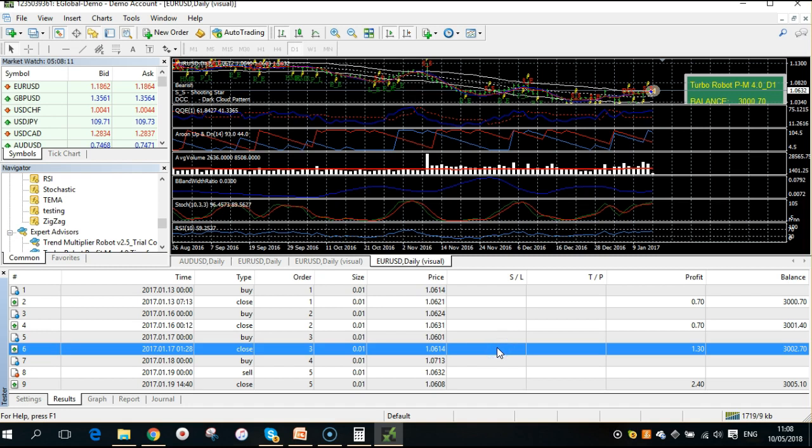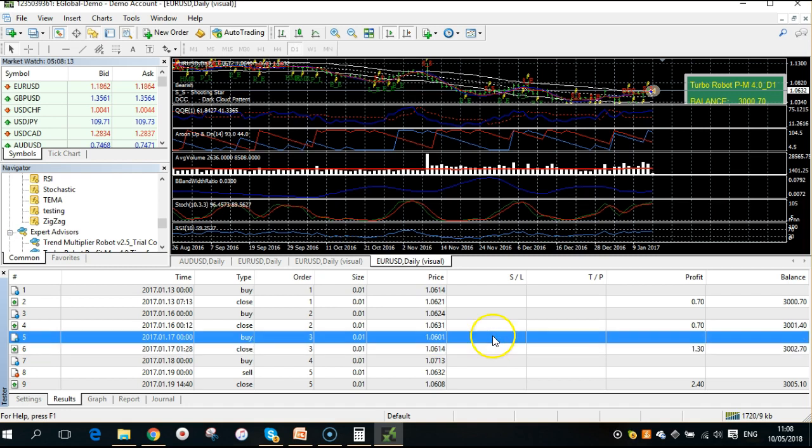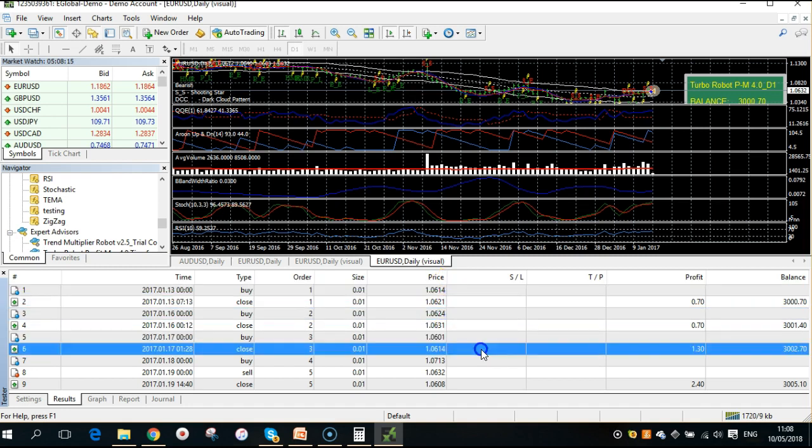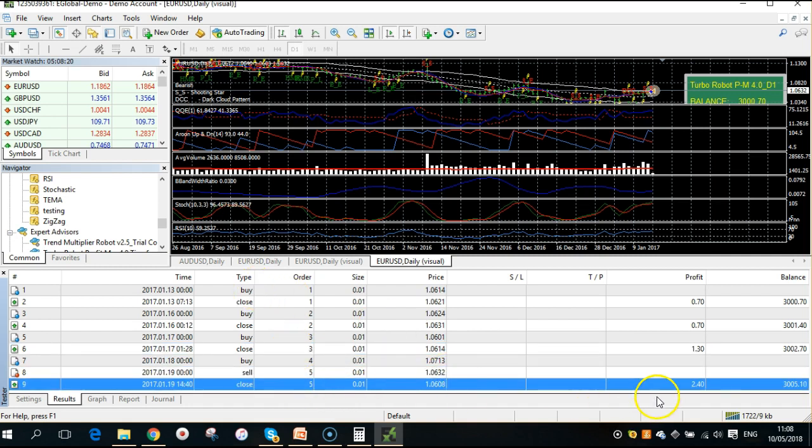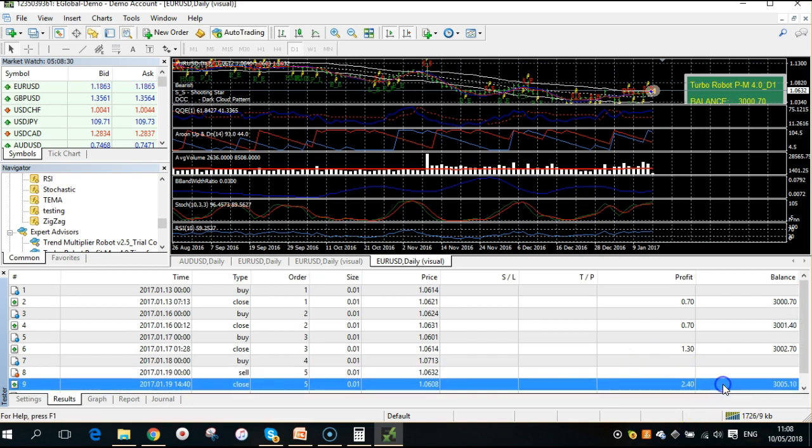As you can see over here, you have a number of buys. You also have sells, right? You can see that the sell went up higher, in pips, then it will close with $2.4. You see that?